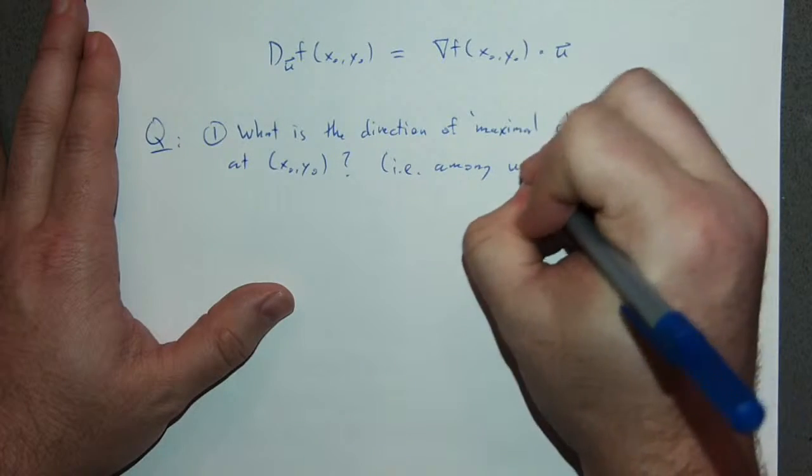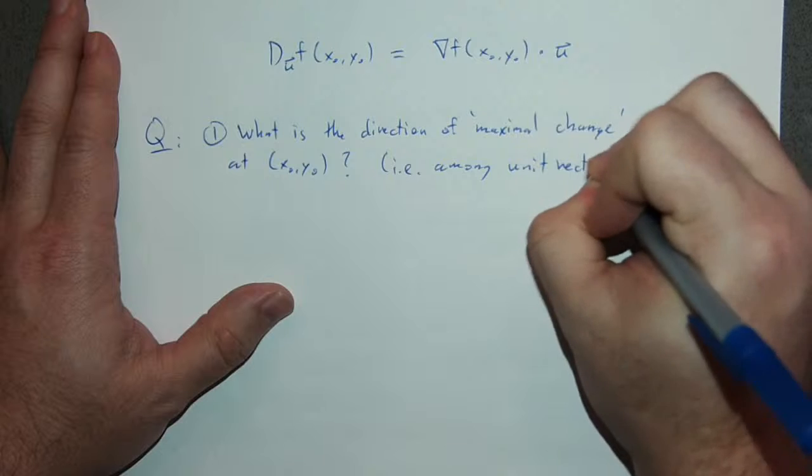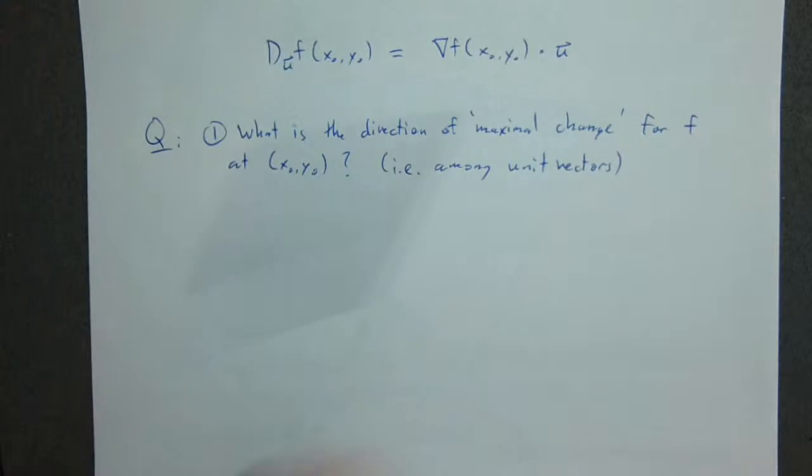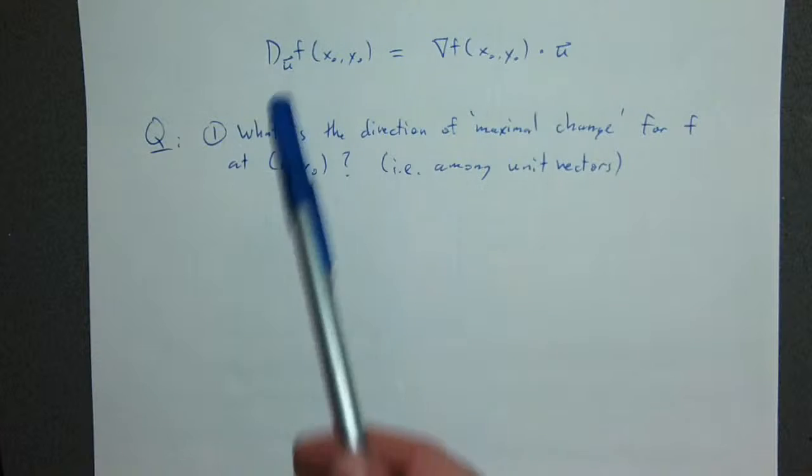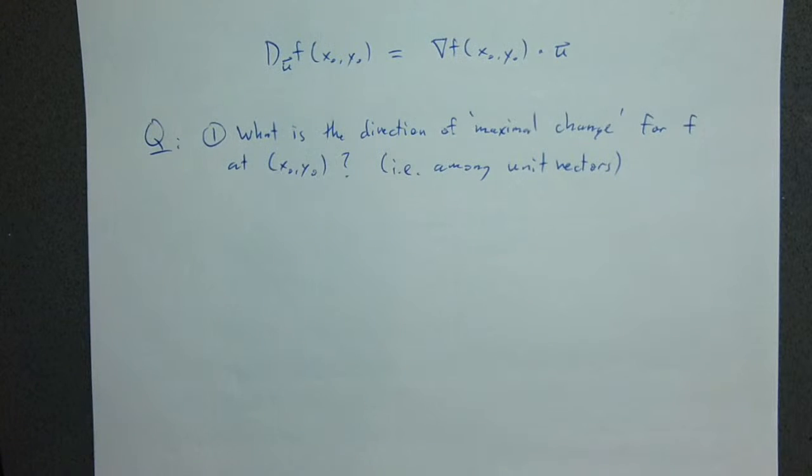So the idea here is to look at this expression and ask yourself, now let u be just any unit vector, so it's varying over all the unit vectors.